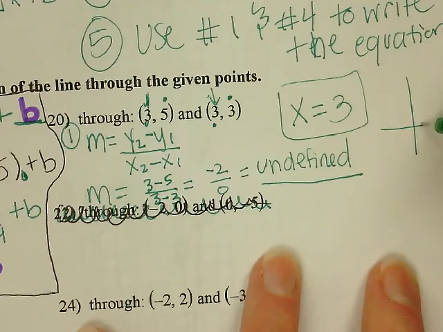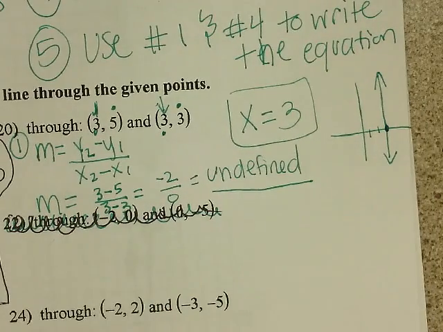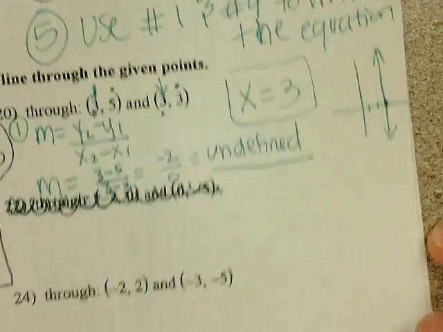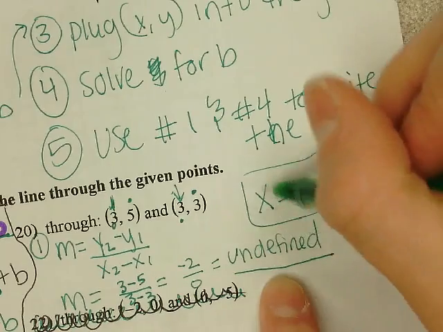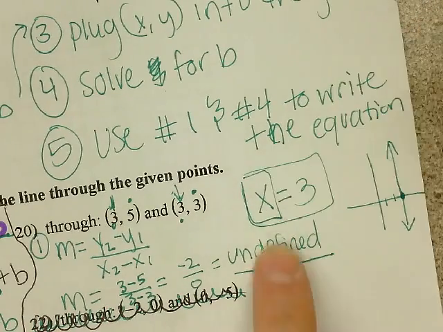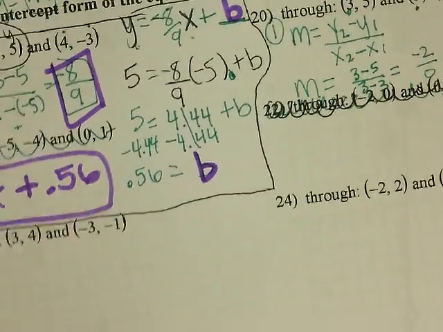So x equals 3, 1, 2, 3. Then my line looks like that. Okay, that's kind of a tough one. So let's do one more. If you have undefined, instead of y equals, you're going to have x equals. All right, so let's look at this next one.